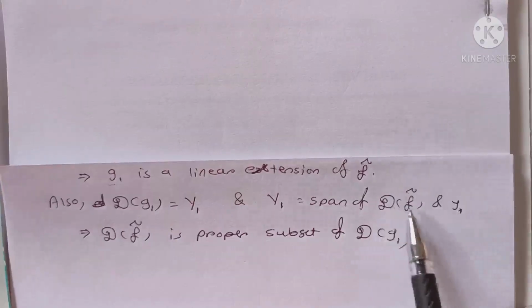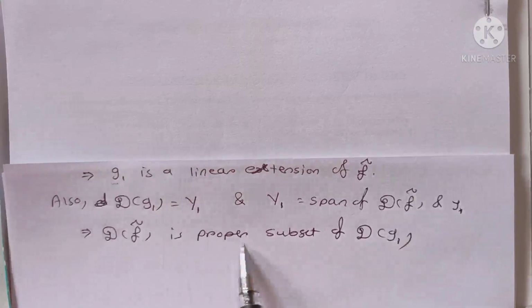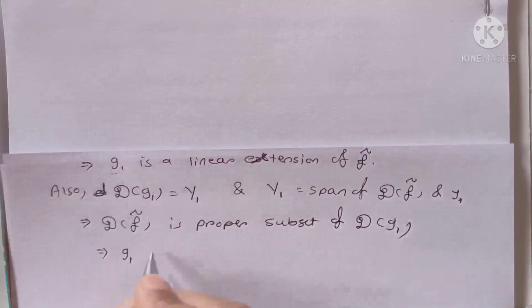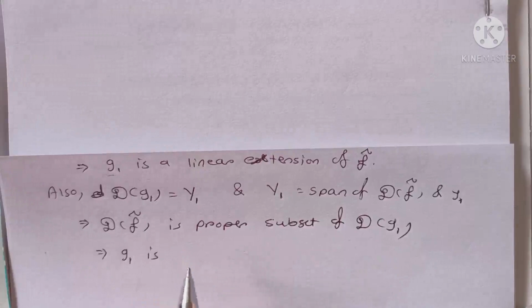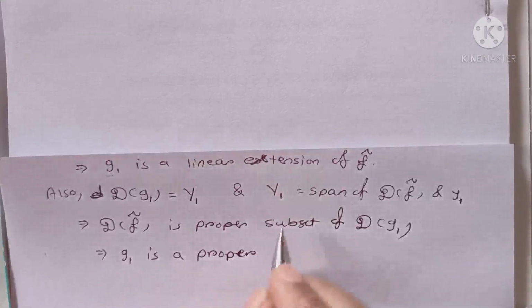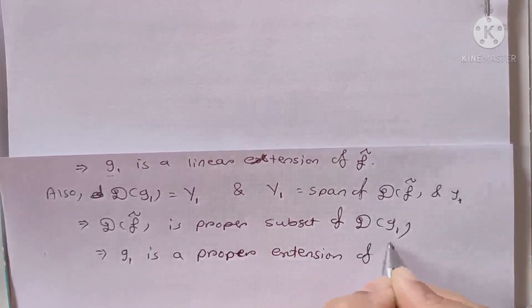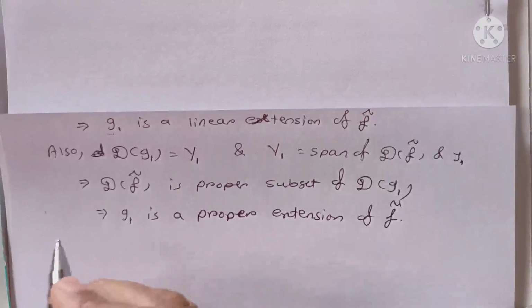Since y1 does not belong to the domain of f tilde, the domain of f tilde is a proper subset of the domain of g1, and this implies that g1 is a proper linear extension of f tilde.